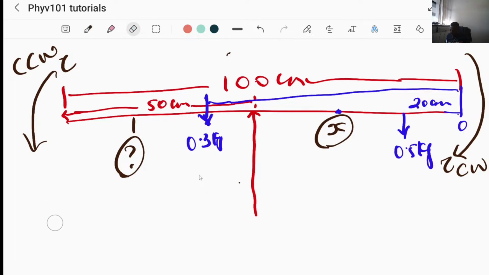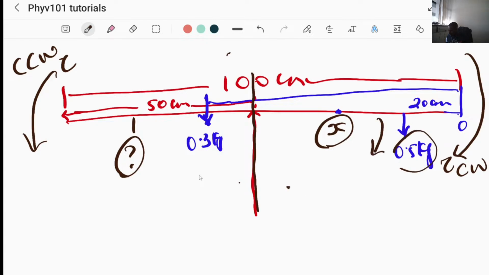The question is, where do you put it? On this side or on that side? And the next thing you ask yourself is, where is the axis of rotation? The axis of rotation is actually here, at the center, at the middle. It's going to rotate about this. I almost deleted it. It rotates about this axis of rotation. What is torque clockwise then? This guy is going to cause this one to rotate that way.